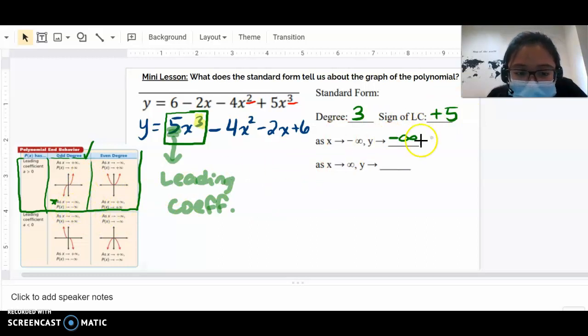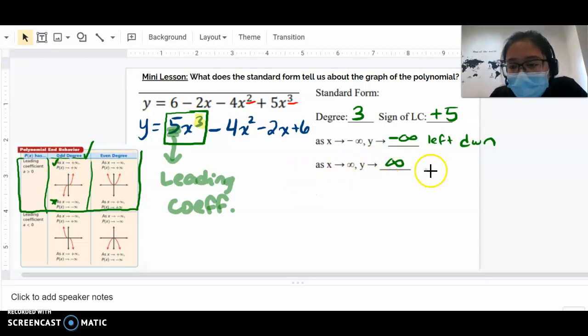And all this is saying is that when we graph it, on the left side, your polynomial is going down. Okay, and then over here, we have x going to positive infinity, so that's over here. My y will also go to positive infinity. And this is just telling me that it's going up.